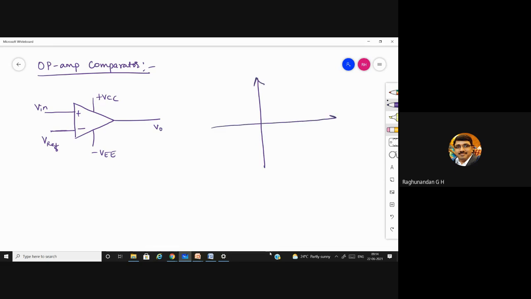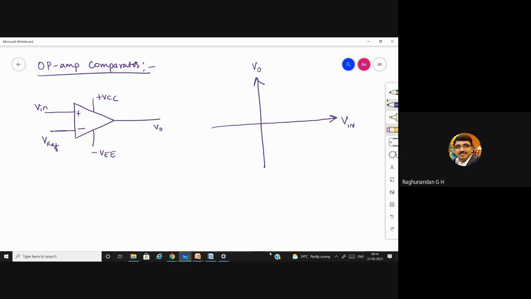We use transfer characteristics. Please remember, transfer characteristics is the graph plotted between the output and the input. All these days we were writing VI characteristics, where the current was taken along the y-axis and voltage along the x-axis, and we used to analyze the variation.